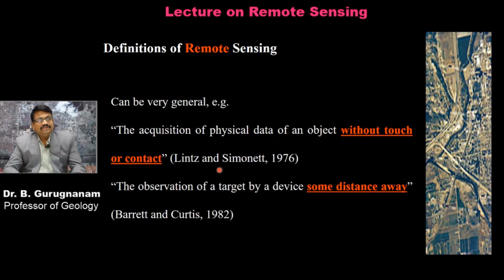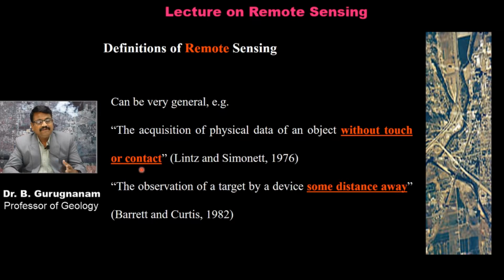Coming to the definition, I don't want to define it at huge length. One should understand that looking at an object without physical touch or contact with it is called remote sensing.